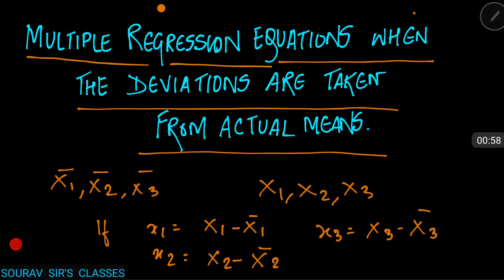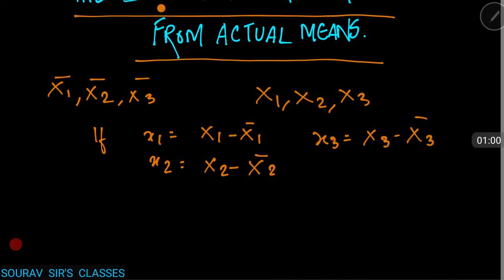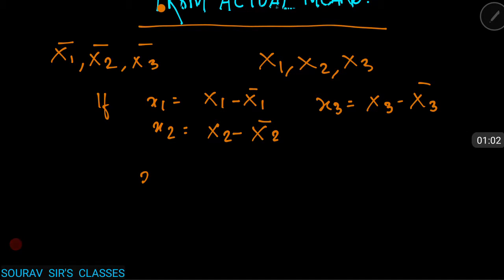The multiple regression equation takes the following shape: x1 is equal to b12.3 x2 plus b13.2 x3.